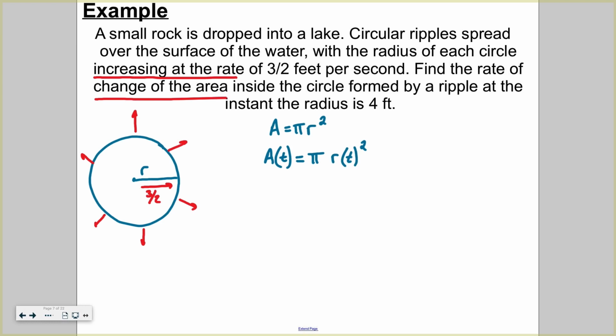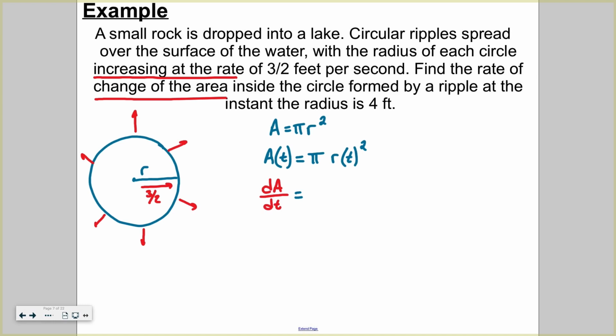All right, now that we have turned all of our variables into functions based on the ones that change with respect to time, now we can take the derivative of both sides, because remember, derivative represents rate of change. So the derivative of A of t is going to be the derivative of function A with respect to t, and that's going to equal the derivative of pi times r of t squared.